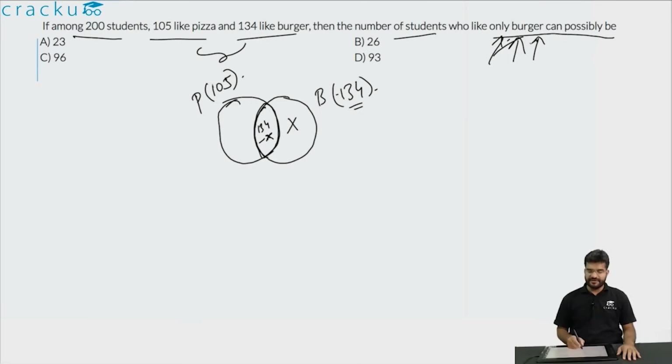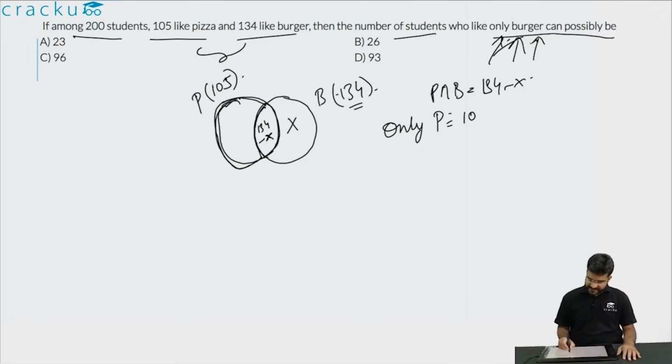Now this would imply that the number of students who like only pizza will equal 105, which is the total number of students who like pizza, minus 134 minus x, which is the intersection between pizza and burger. If you simplify, this is going to be x minus 29.